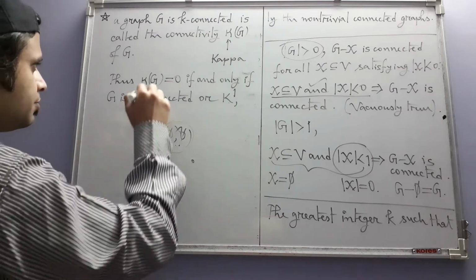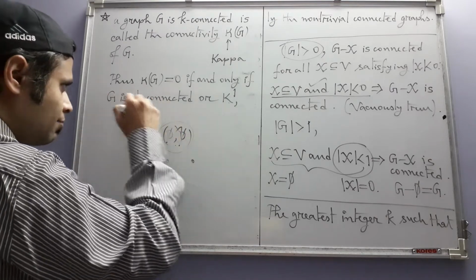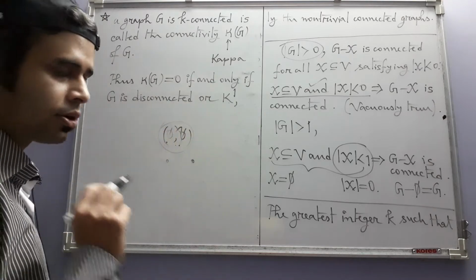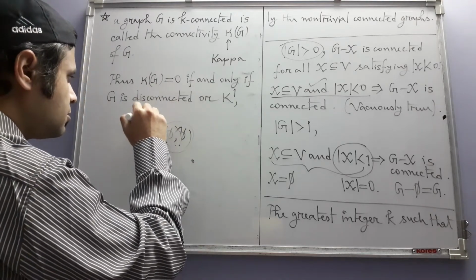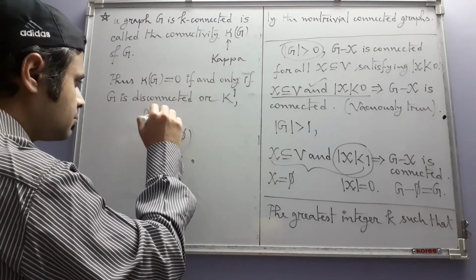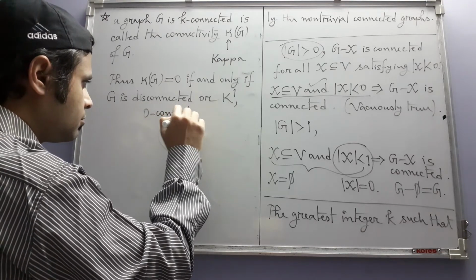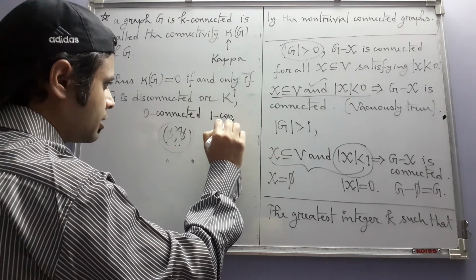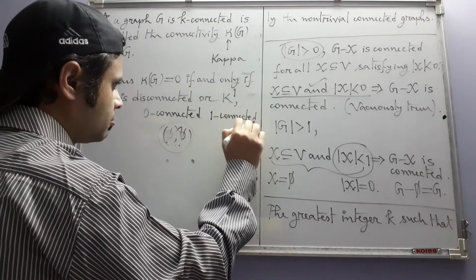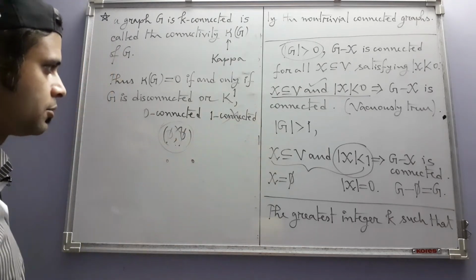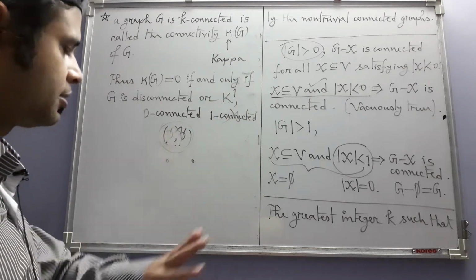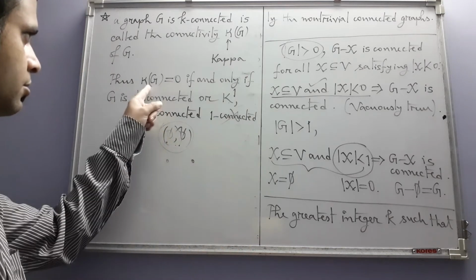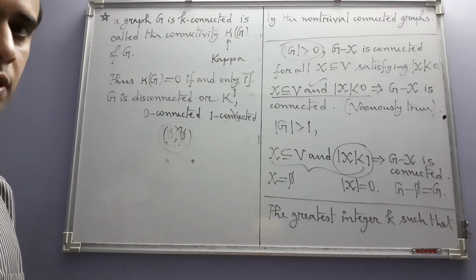So that's why a graph that satisfies these two things, that is, it is either disconnected or K1, is zero connected and not one connected. So that's why 0 is the largest integer k such that G is k connected. So kappa of G is equal to 0.